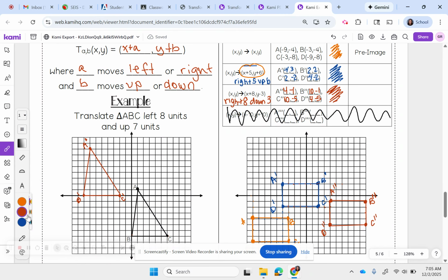So all I'm going to do now is where we have this blank spot, that's where we're going to write. So here we're going right 5, up 6.